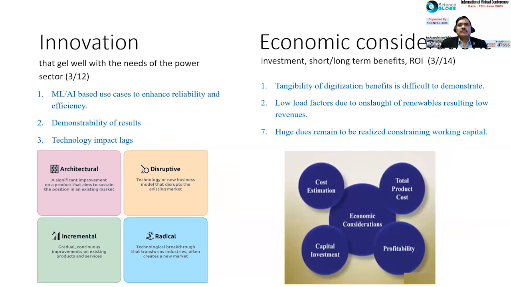Coming to the last one, but a very important one, economic considerations: tangibility of digitalization benefits is difficult to demonstrate, and low load factors of the conventional power plants due to the onslaught of renewables result in low revenues. So they are not able to invest here, and even if they generate power, there are huge dues to be realized from their off-takers, constraining their working capital.